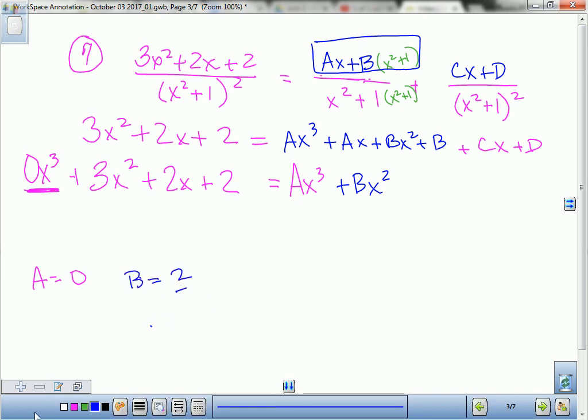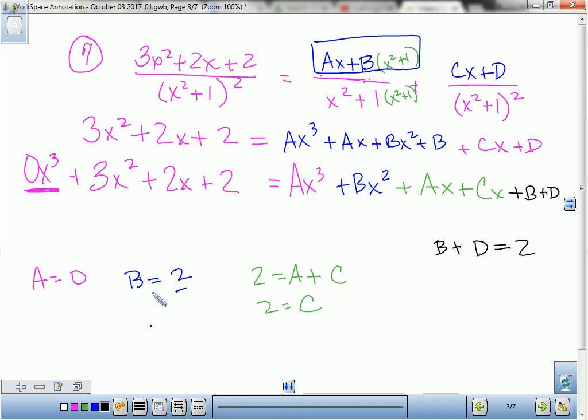I like how that works out sometimes. Okay. Now let's put the linear terms together. Okay, so now we know that 2 equals a plus c, but we know a is 0, so c is 2. Okay? And finally, let's do our constants, b and d. So we know that b plus d equals 2, but we know that b is 2, so d is 0.